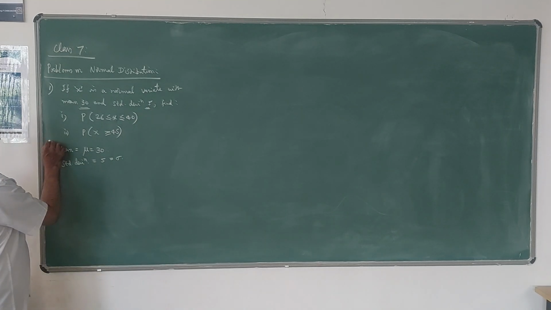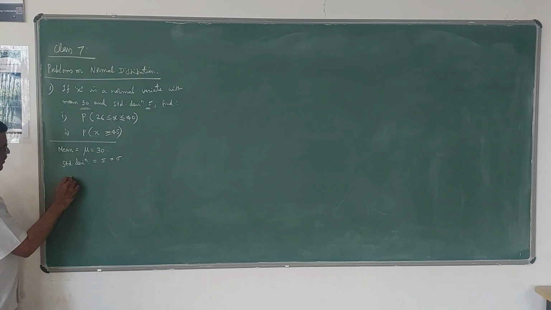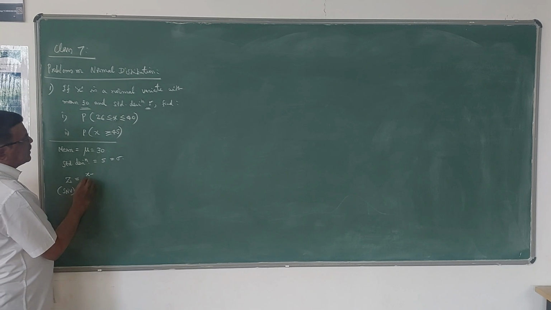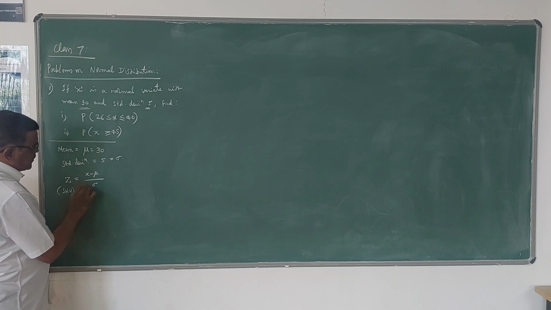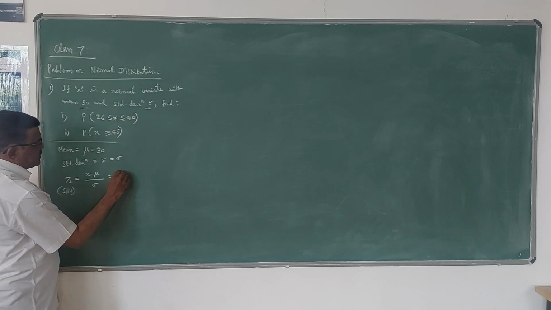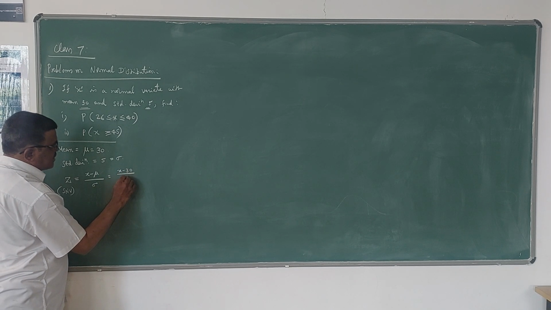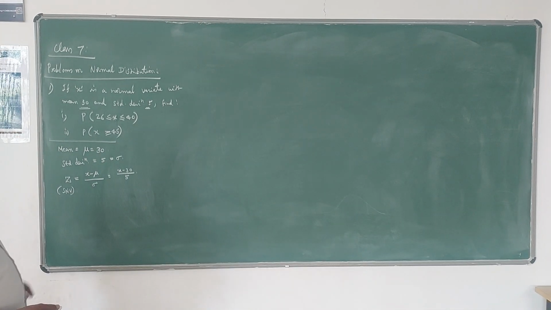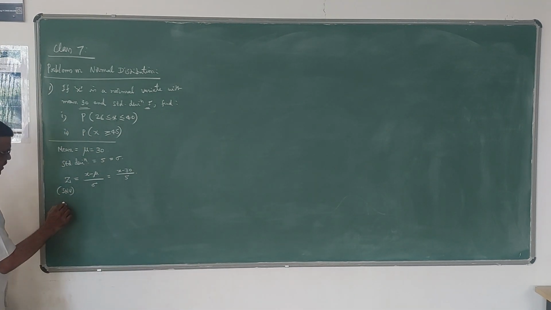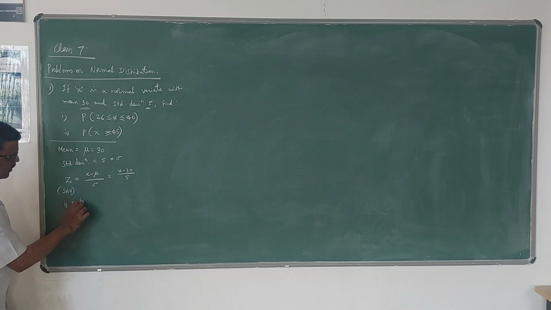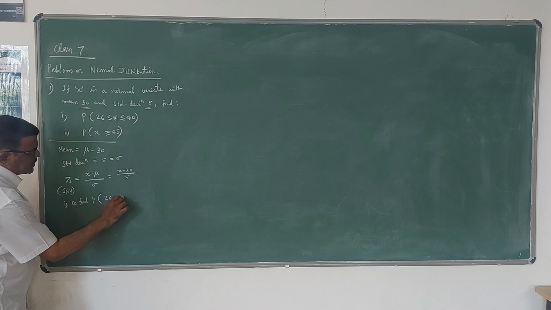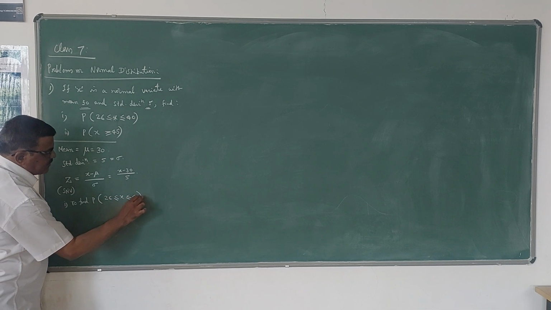In the standard normal distribution method, we know that the standard normal variate z is equal to x minus mu divided by sigma, that is x minus 30 divided by 5. Now in the first part, we have to find the probability of 26 less than or equal to x less than or equal to 40.